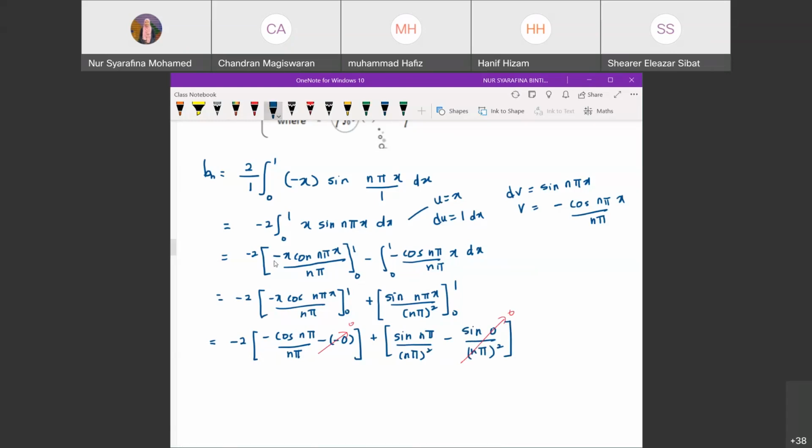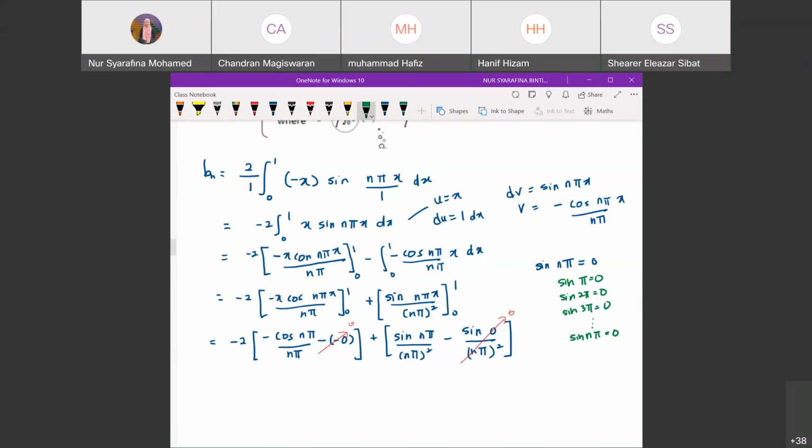Okay, so remark that sine n pi is always equals to 0 because sine pi is 0, sine 2 pi is 0, sine 3 pi is 0, right? So sine n pi is 0.